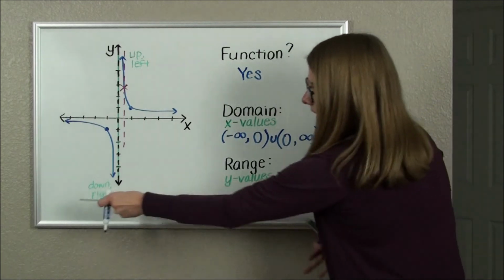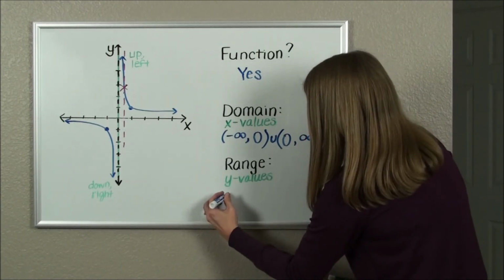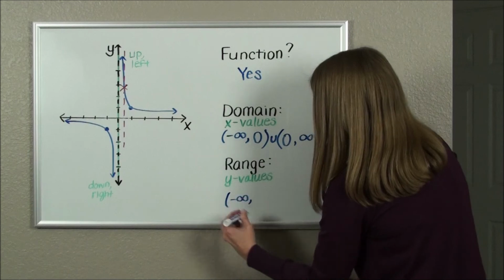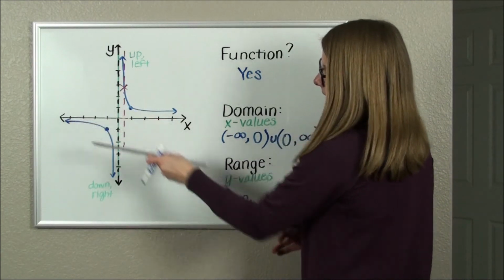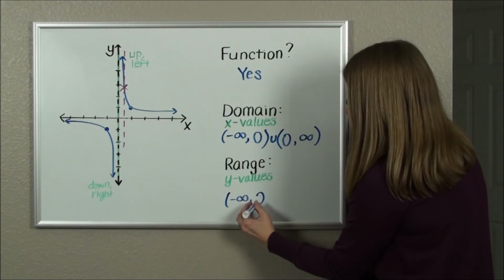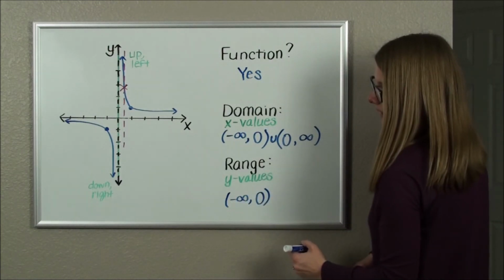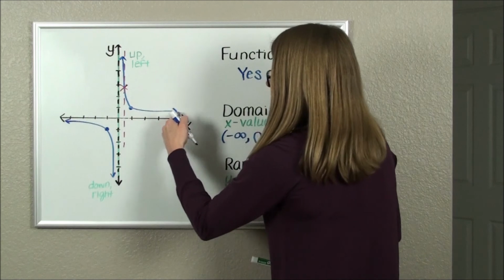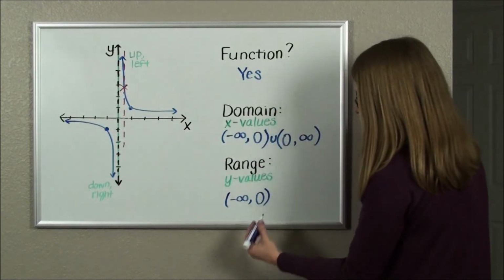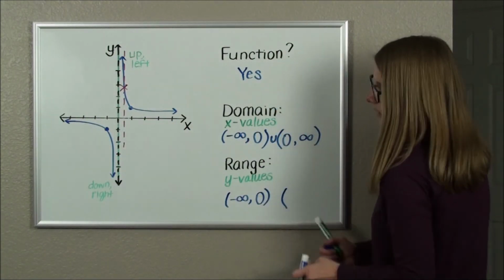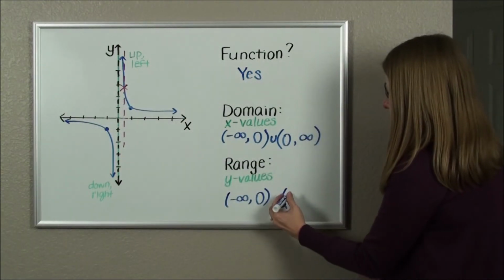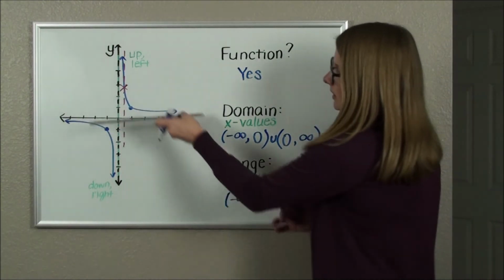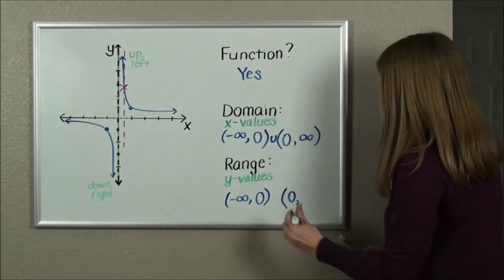So as far down as I go, all the way down to negative infinity, I'm going to come up to where the x-axis is, where the height is 0, but I'm not actually going to touch that. These arrows are hugging the x-axis just as they did the y-axis. And then the second piece picks up where the other one sort of left off, just on the other side of 0, and it will continue going all the way up to infinity.